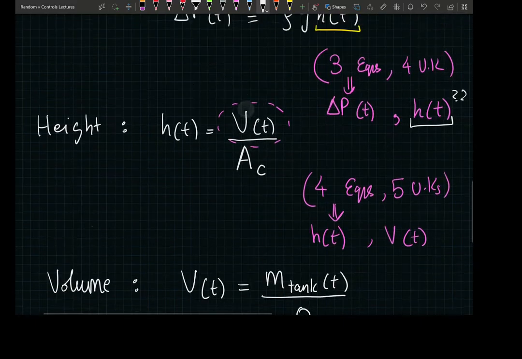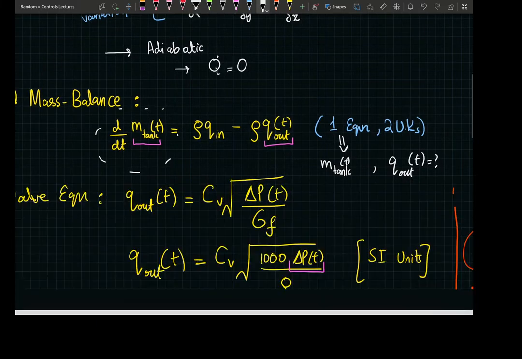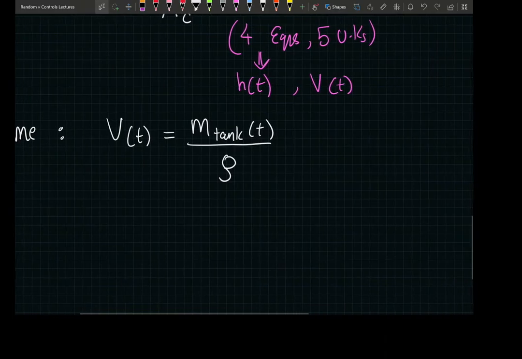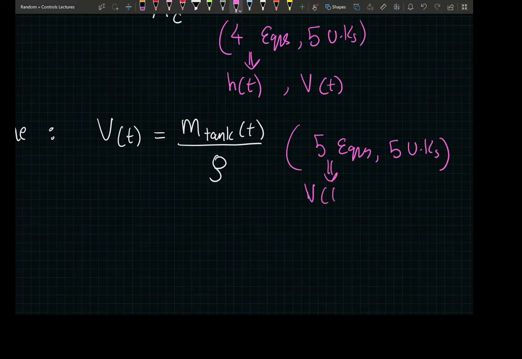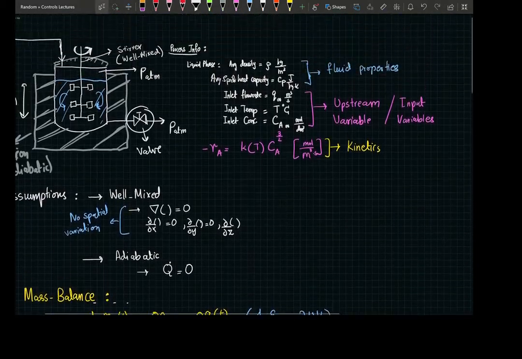We have, as you can see, in the very first equation, already accounted for the mass inside the tank. Therefore, our degrees of freedom have reached 0. And the fifth equation shall be responsible for giving us the volume of the contents of the vessel, right?